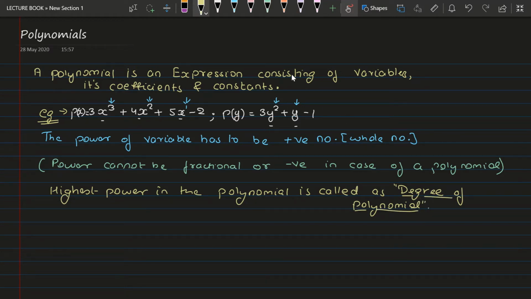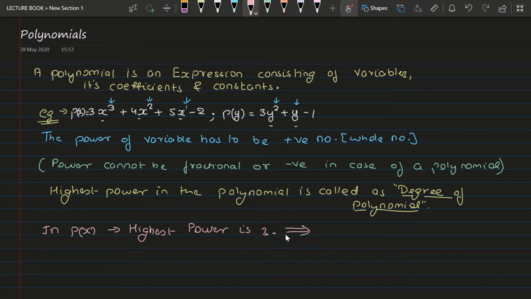Okay. So suppose if we see our first example, p of x, the highest power is 3.